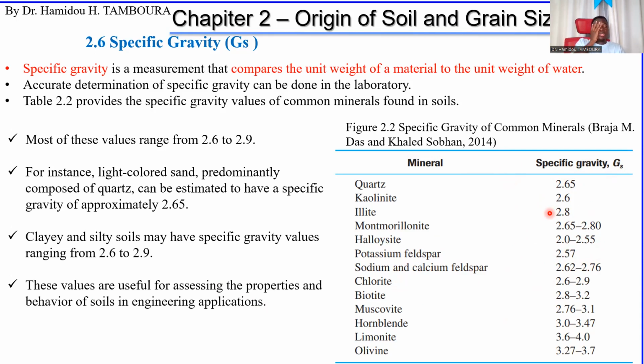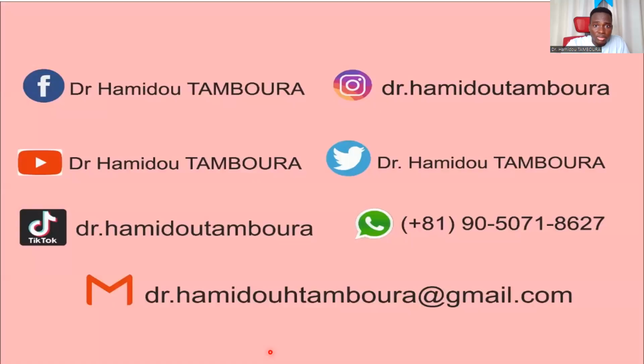So by dividing the weight of soil by the weight of water, you obtain what we call specific gravity, Gs. That's also the end of the sixth section.